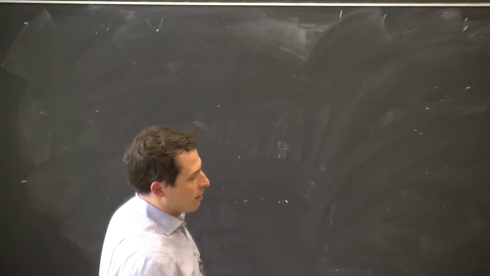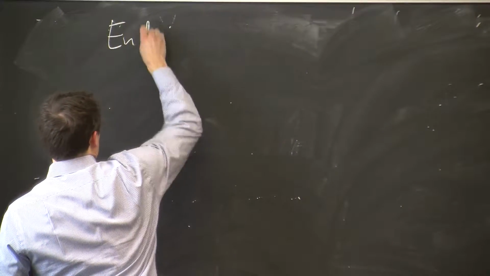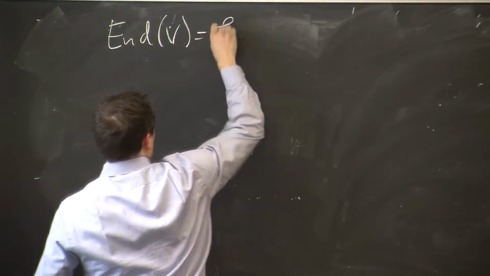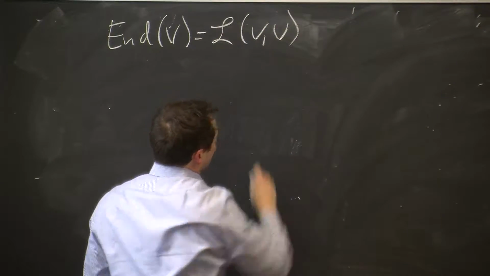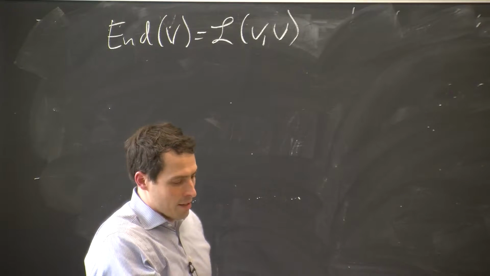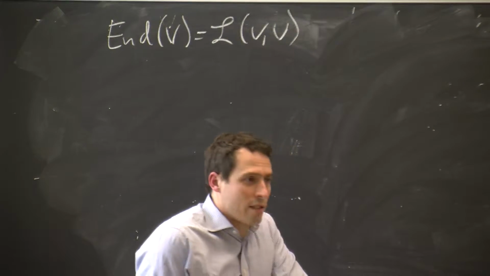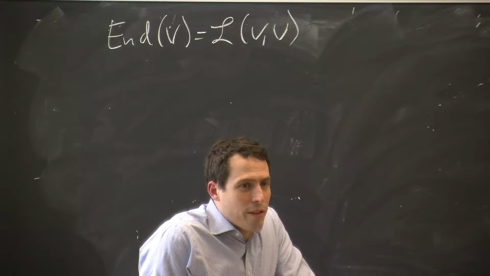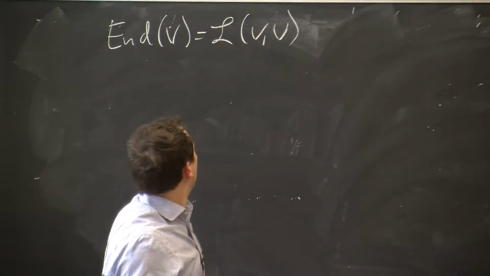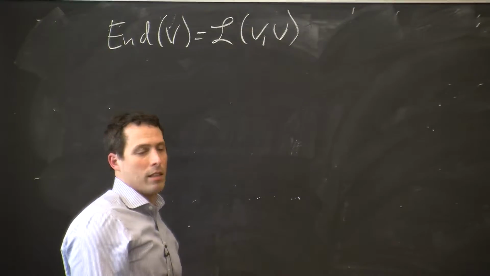Now, this structure will become important later because this space of linear transformations from a vector space back to itself is going to be probably the main focus of the second half of the class, where we're concerned with spectral theorems and understanding what we can say about the structure of such linear transformations.